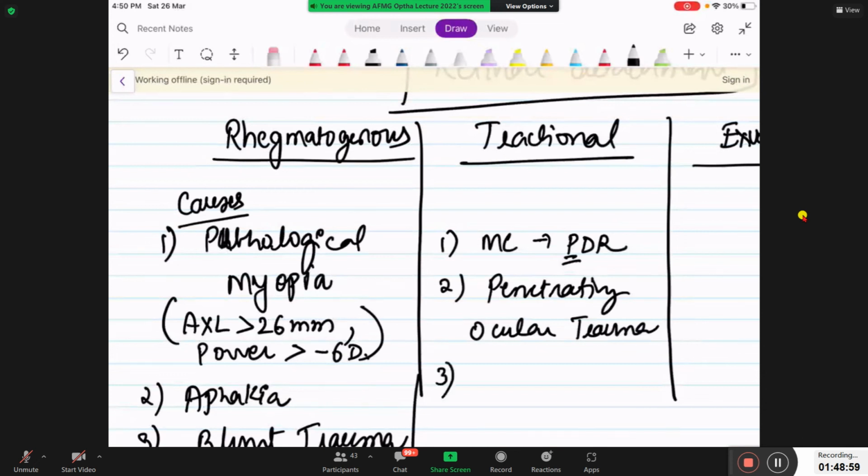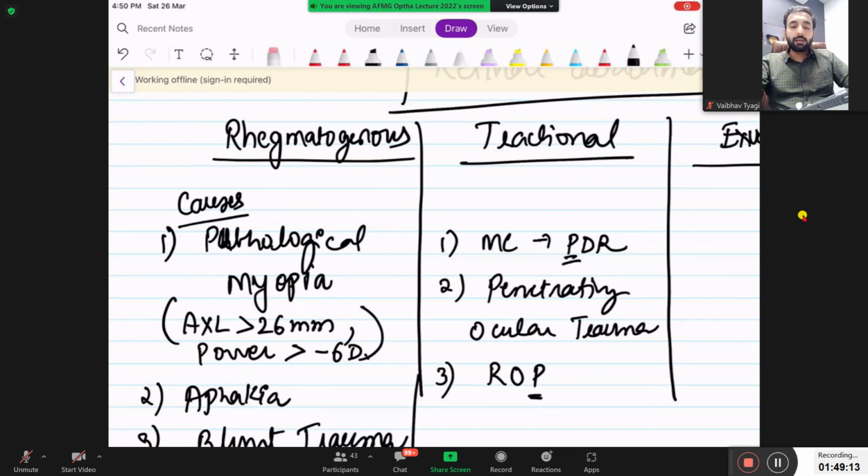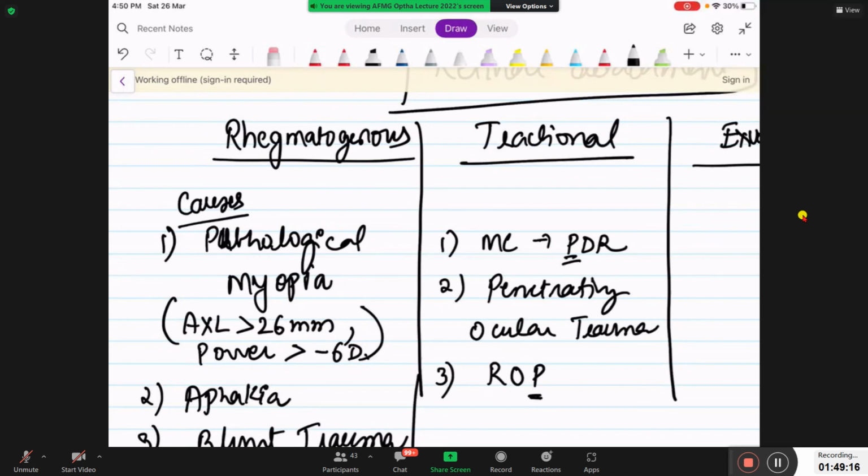And third also is P, which is retinopathy of prematurity. Remember stages 4 and stage 5 of ROP, partial RD and total RD. So which type of RD was there in ROP? Tractional retinal detachment was there. So 3 Ps are there: PDR, penetrating ocular trauma, and ROP.